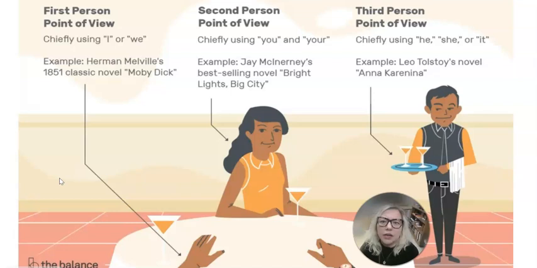The second person point of view isn't used typically over an entire book. It's used in really short sections because it's using you and your pronouns. But there's an example here of Bright Lights, Big City that uses the you point of view.